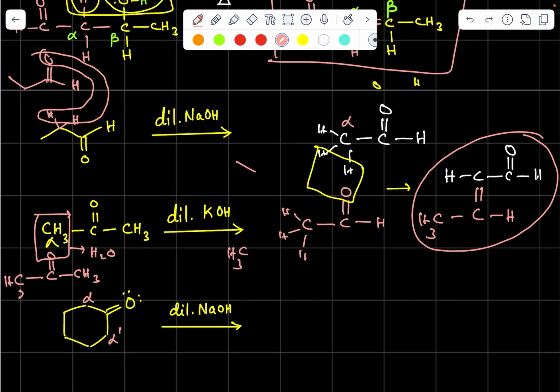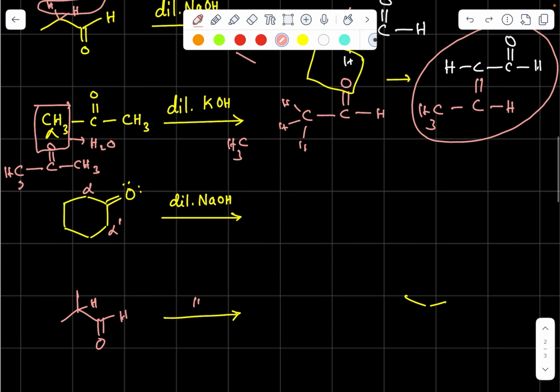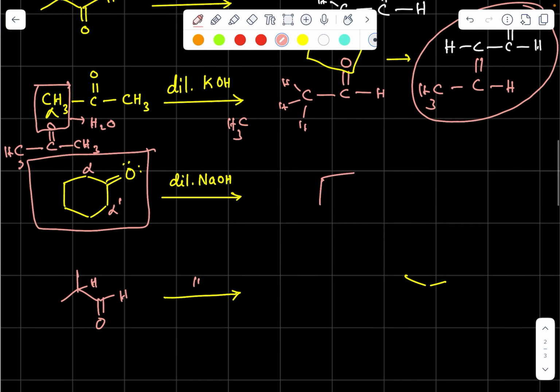For example, take cyclohexanone. What is the shortcut? I need to write the first equivalent of cyclohexanone, and at any one of the alpha positions I need to write the second reactant.